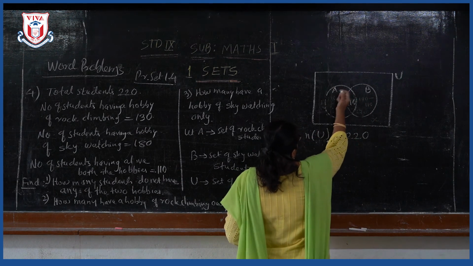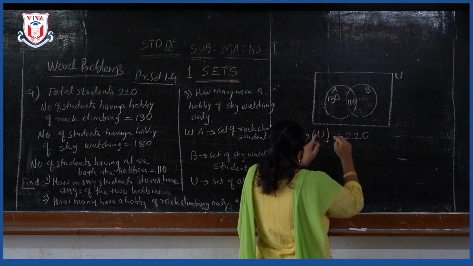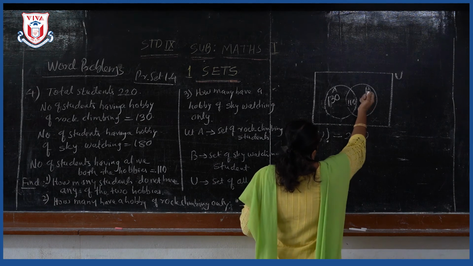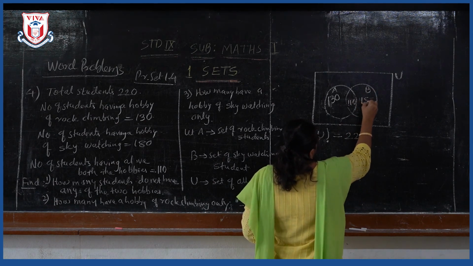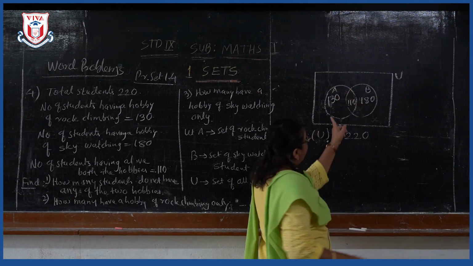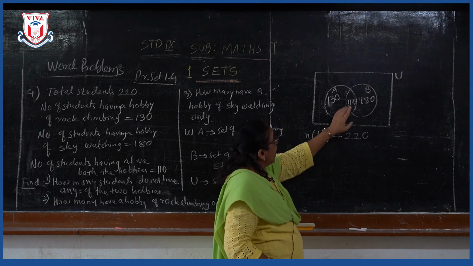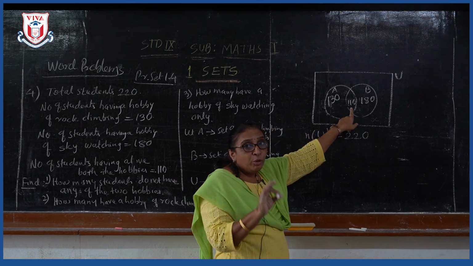So here the number of students having the first hobby, rock climbing, is 130, and the second hobby is sky watching, with 180 students. Now 110 students have both the hobbies.